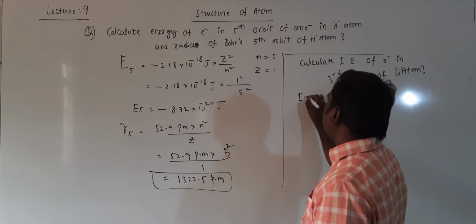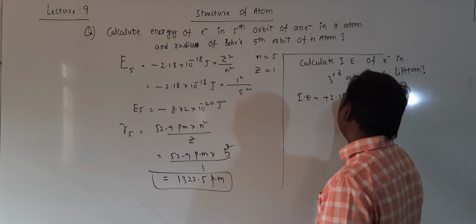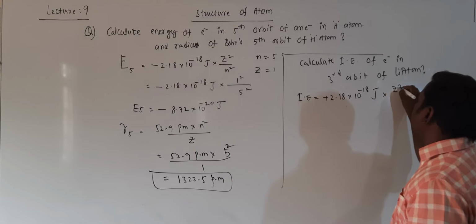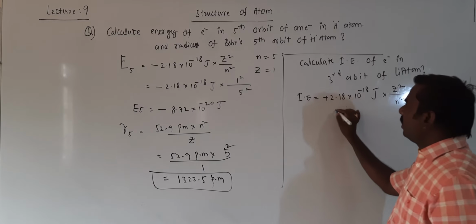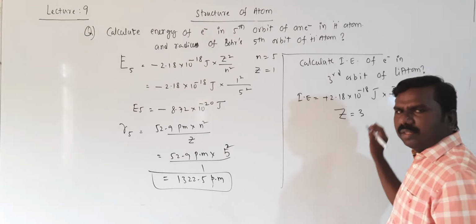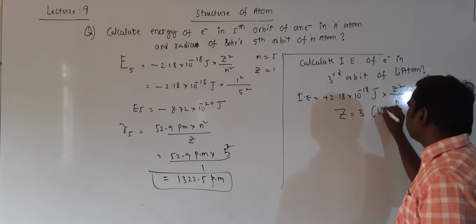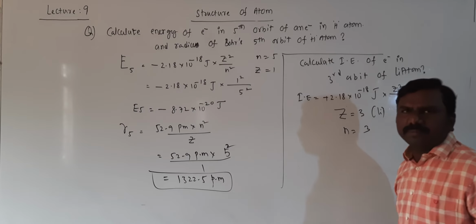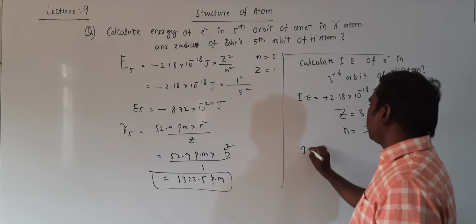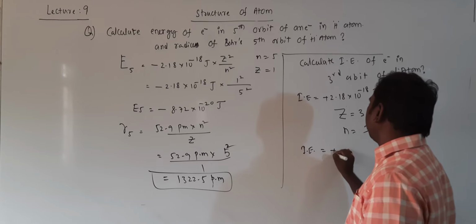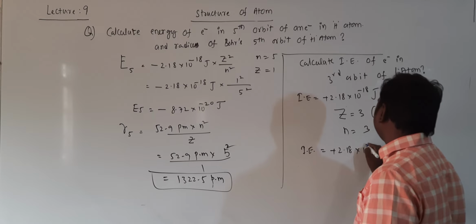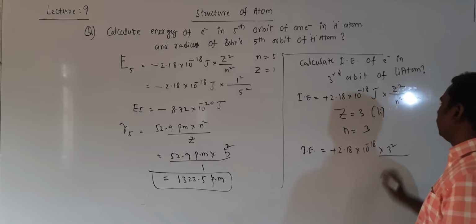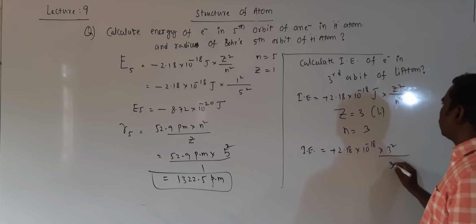Now, ionization energy equals plus 2.18 into 10 to the power of minus 18 joules into Z square by n square. Z equals the atomic number, 3 for lithium. n equals the third orbit, which means 3. Then ionization energy equals plus 2.18 into 10 to the power of minus 18 into 3 square by 3 square.